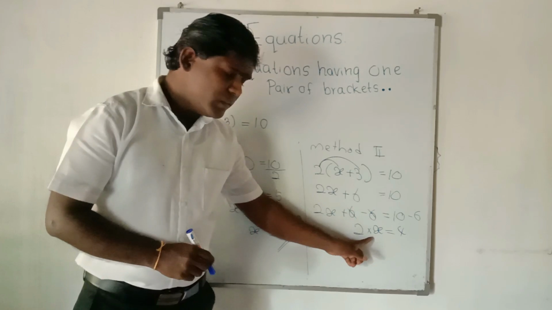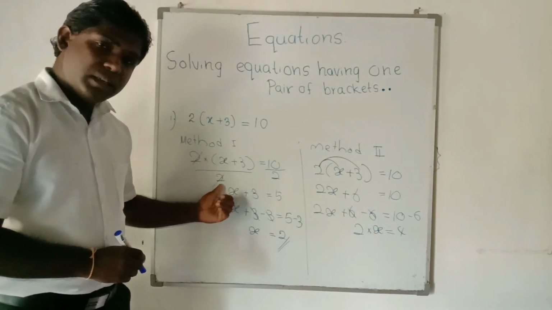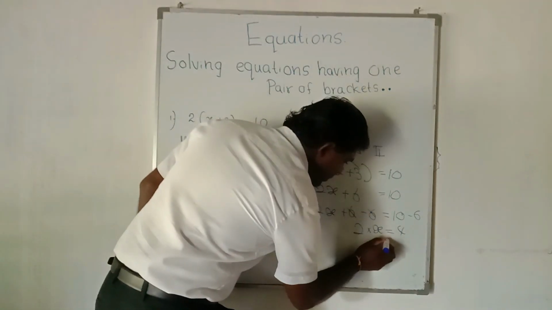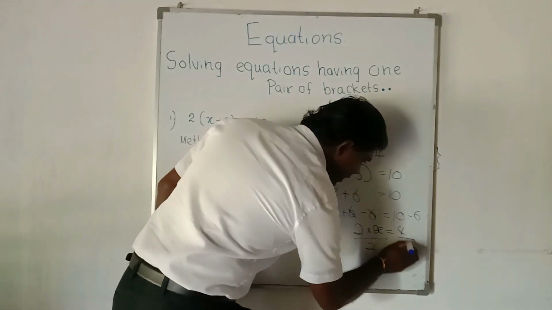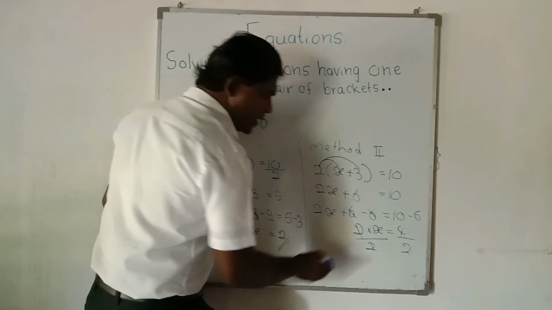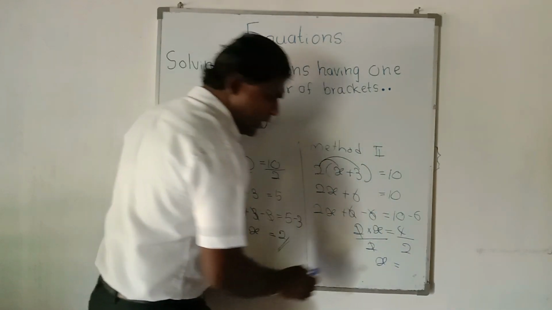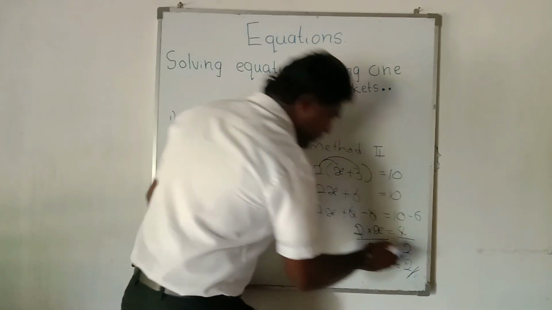Now multiply means division, because we divide by its own value, 2. x remains. 4 divided by 2, the answer is 2.